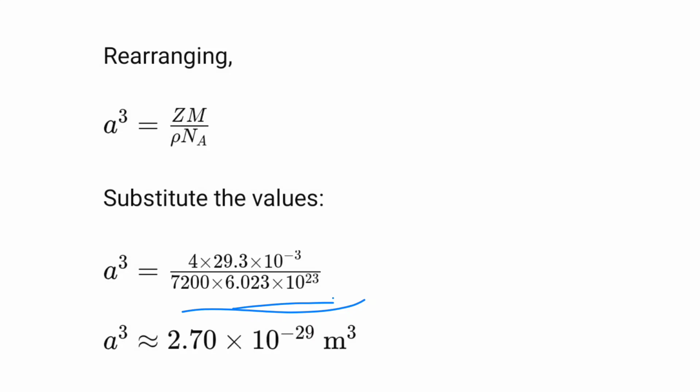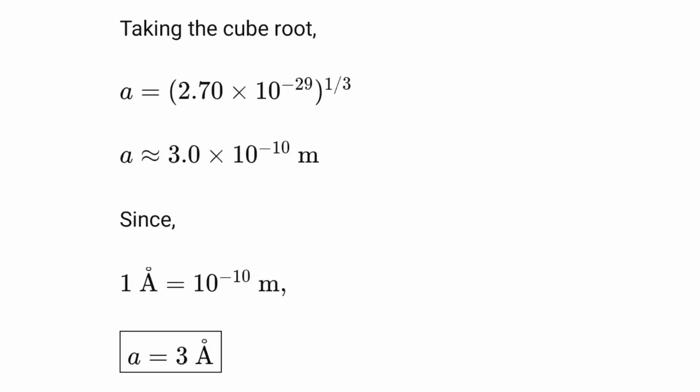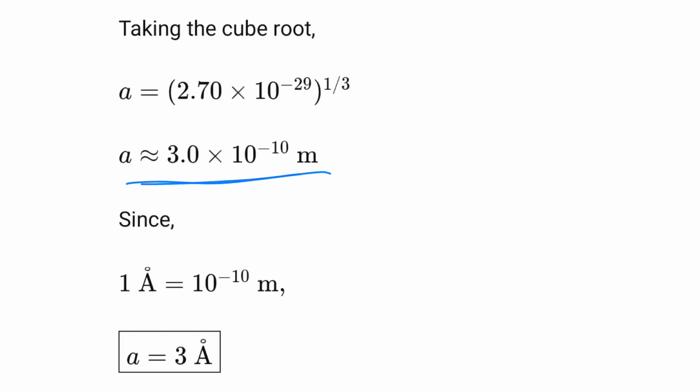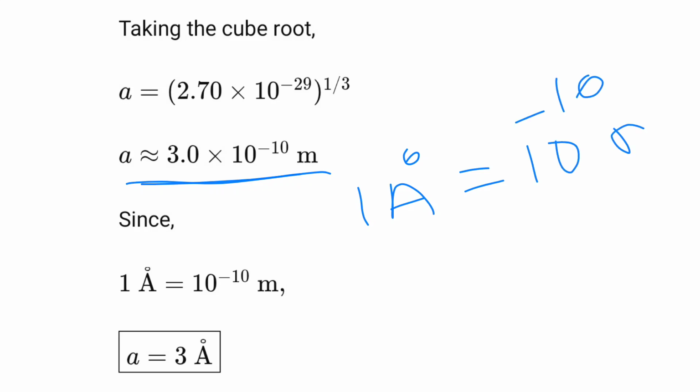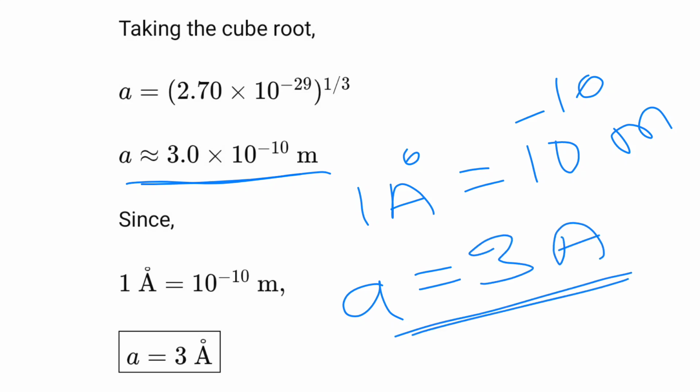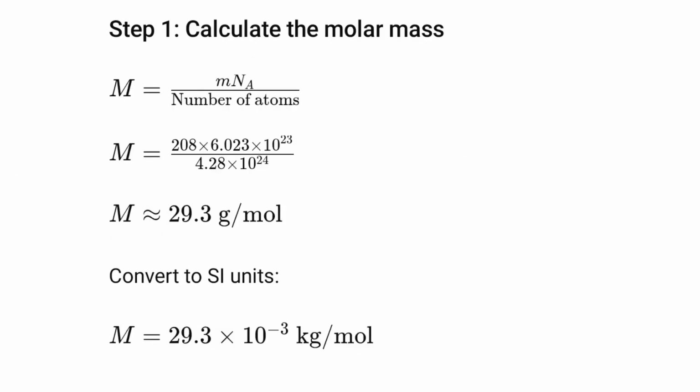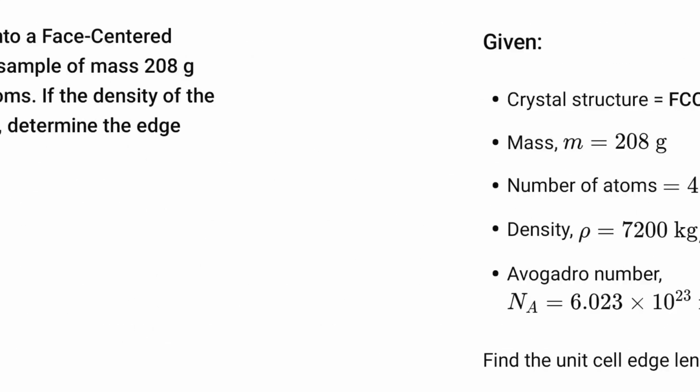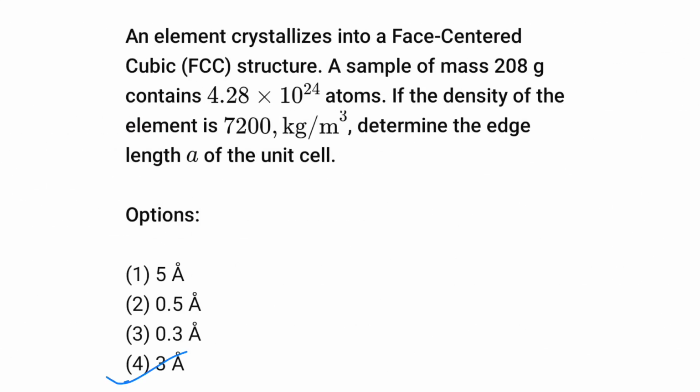We get this value, and taking the cube root, we get 3.3 into 10 raised to minus 10 meter, since 1 angstrom equals 10 raised to minus 10 meter. So simply, the edge length is 3 angstrom. So the right answer is option number 4, 3 angstrom.